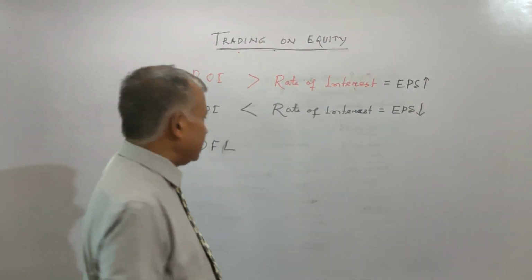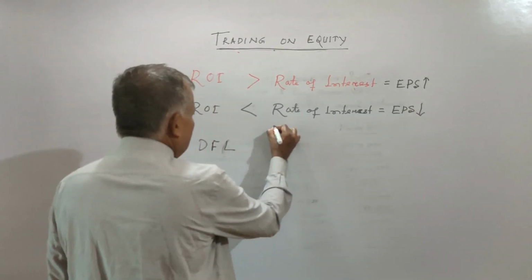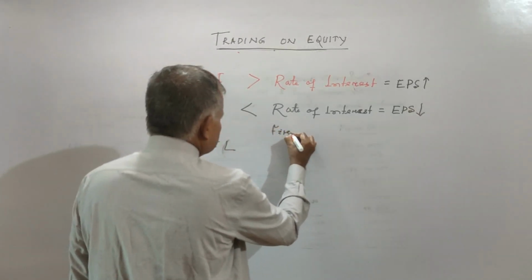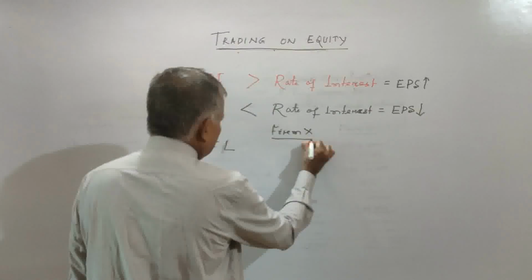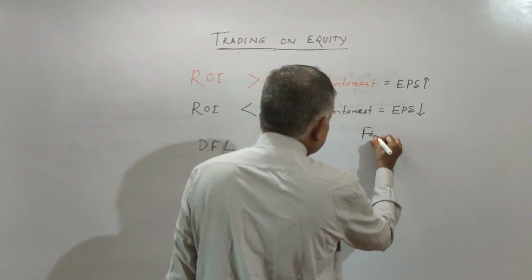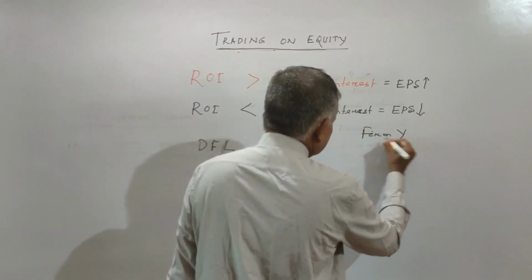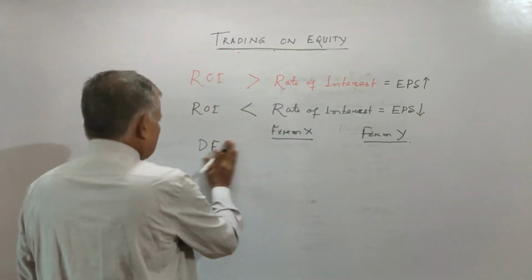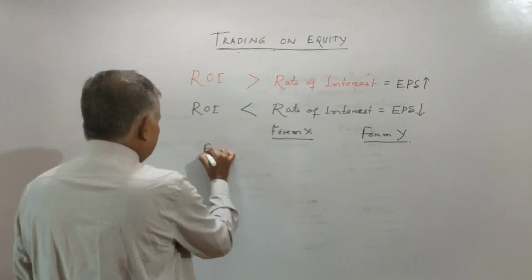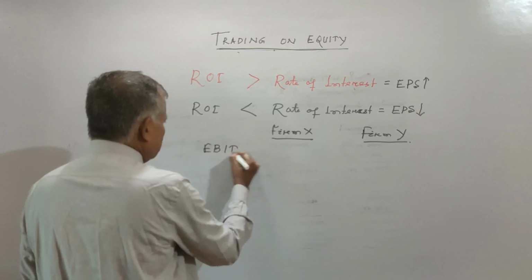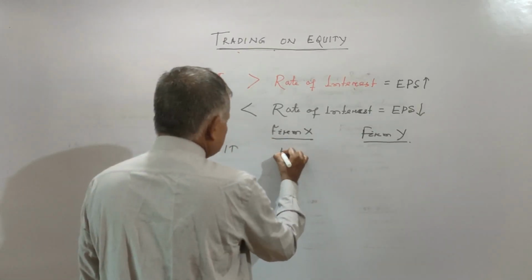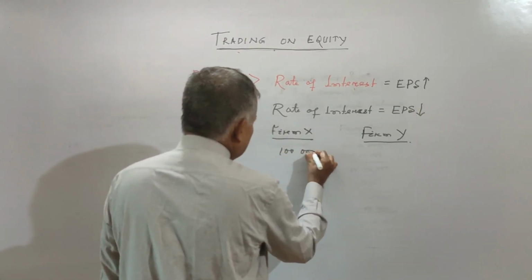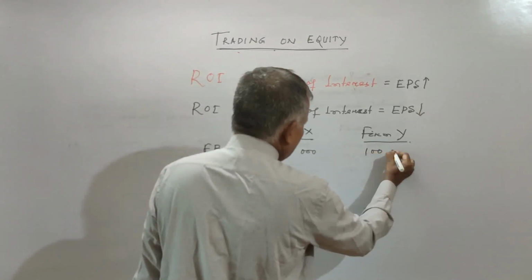Let us take an example. Firm X, firm Y. Let us assume EBIT is 1 lakh here, and here also 1 lakh.